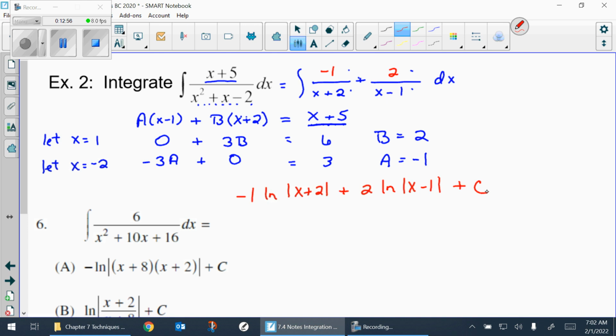Now, one other side note here before we move on to number 6 is, what if I had something, anything, over x cubed plus x squared, and we turn that into a minus, minus 2x.